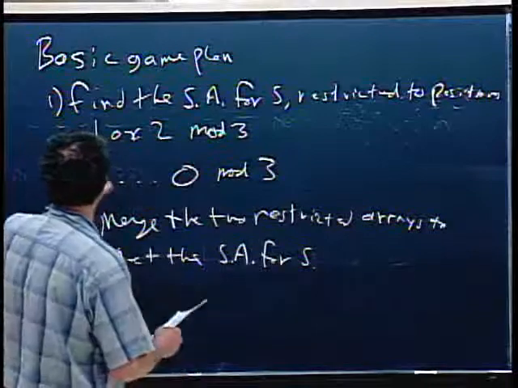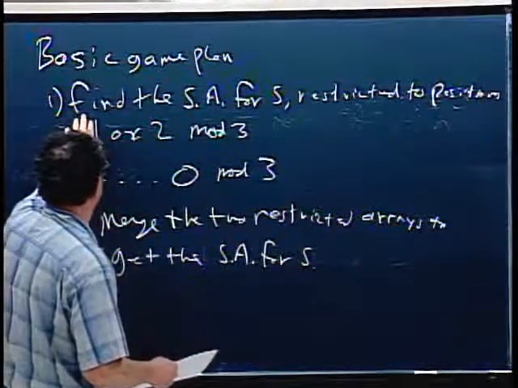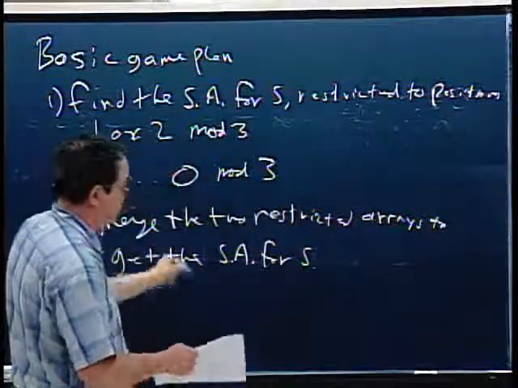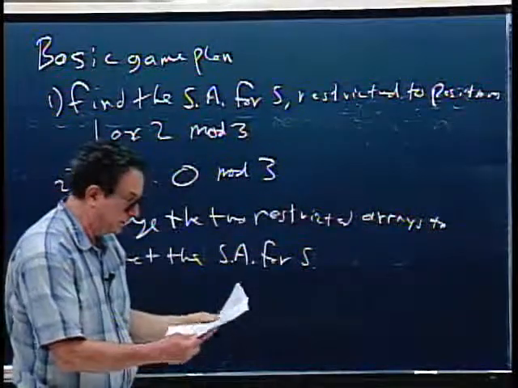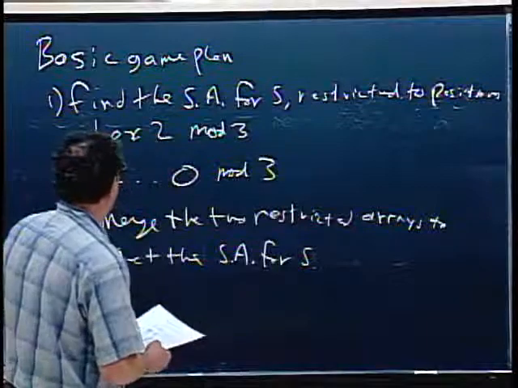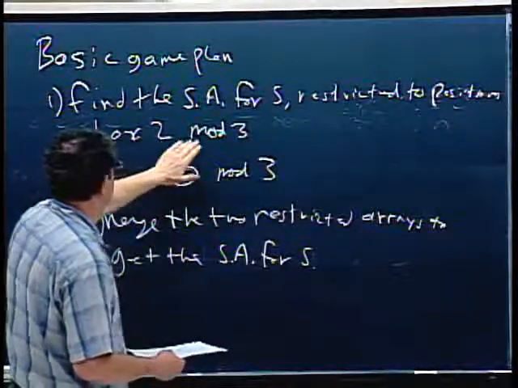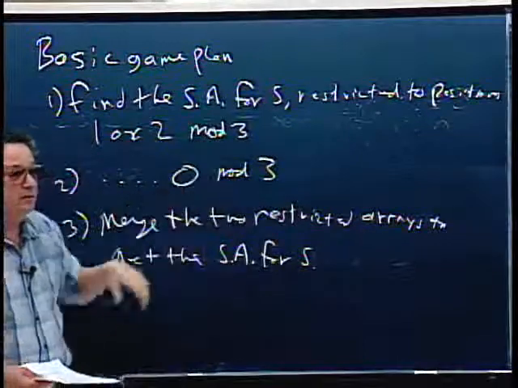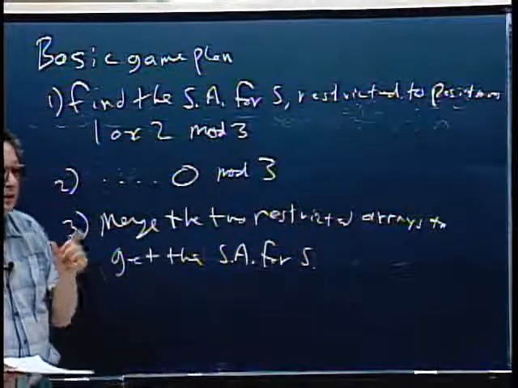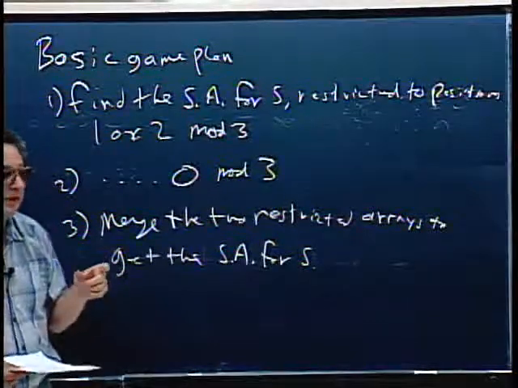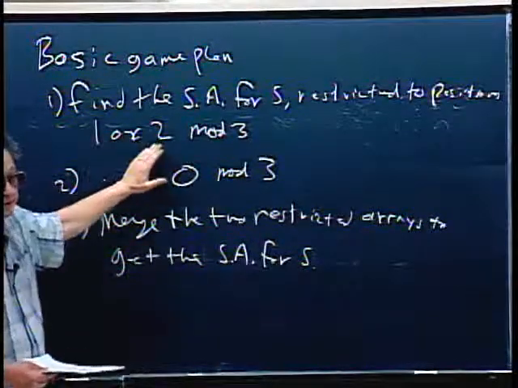Okay, but let's still focus on how we're going to find the suffix array restricted to positions 1 or 2 mod 3. The way this begins is that you take all the positions that are equal to 1 or 2 mod 3, and you look at a substring of length 3 that starts at those various positions.